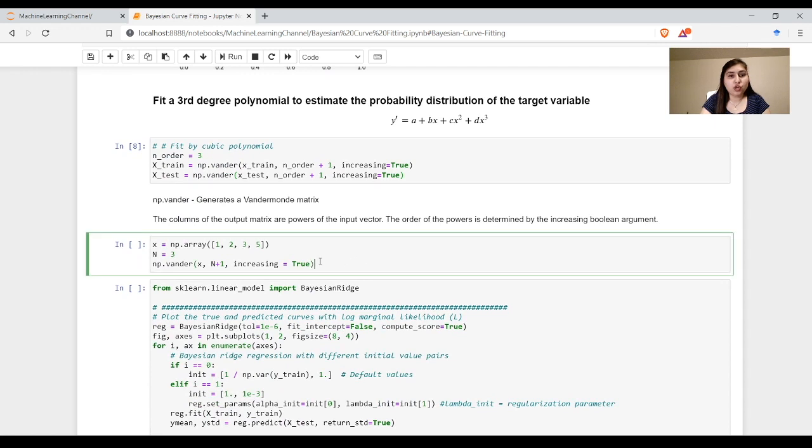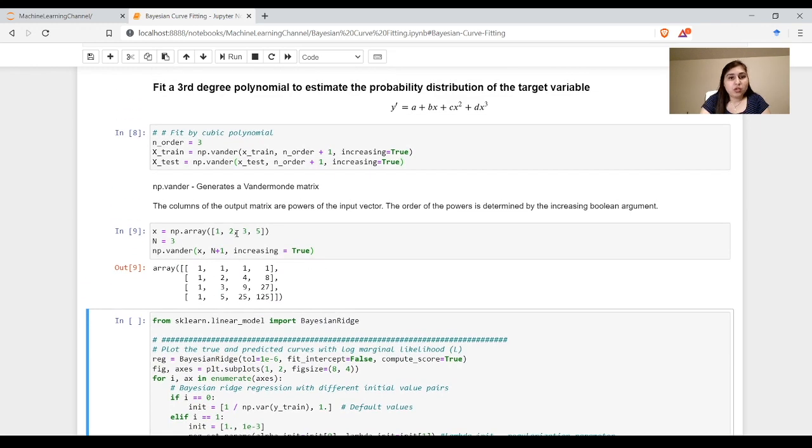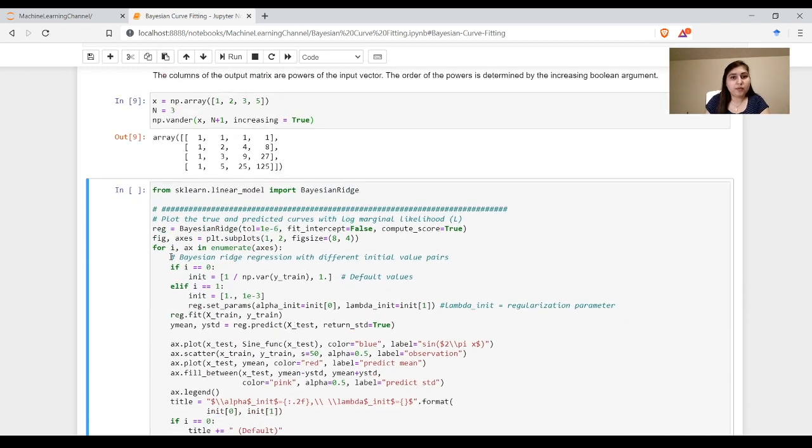So here I'll show how this Vandermonde matrix looks like. So this is the variable x, this is the x square, this is the x cube, and here I'm showing 1, which is the bias term. So that's how we want to represent our x train and x test. So we can fit a third degree polynomial to estimate the probability distribution of the target variable, which is the sine function in our case.